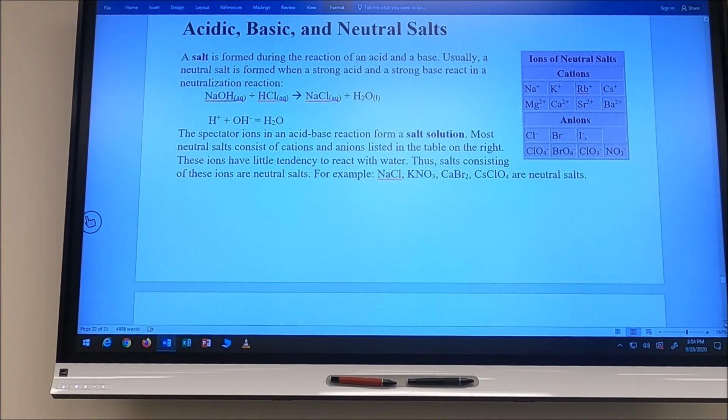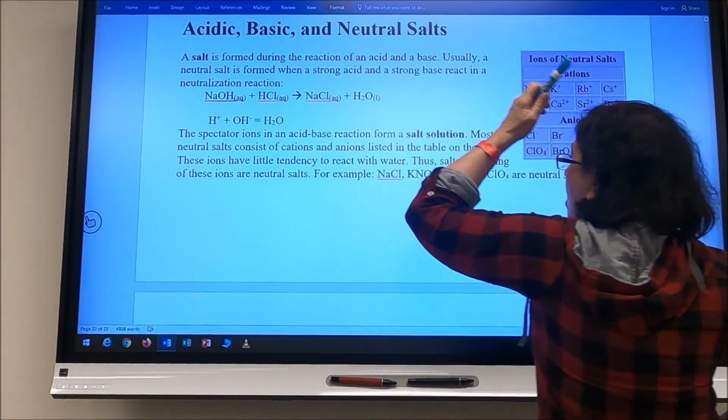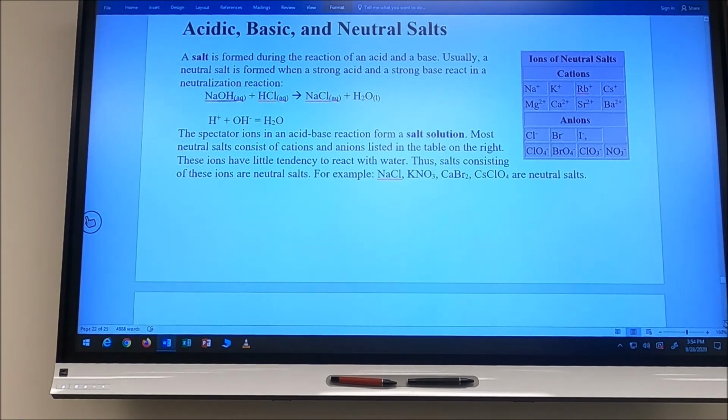The sodium ion, okay, all the alkali metal ions are neutral. All of the halogen anions, except for fluorine, the fluoride ion, are neutral. So I have neutral, neutral, and water. It's a neutral salt. Okay?